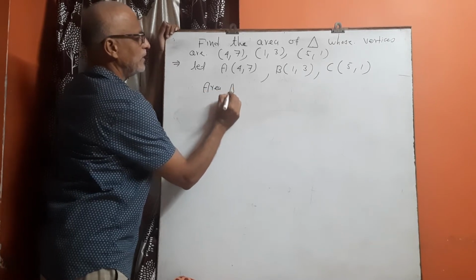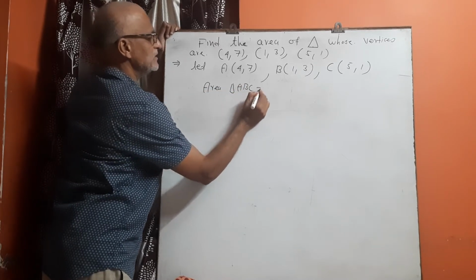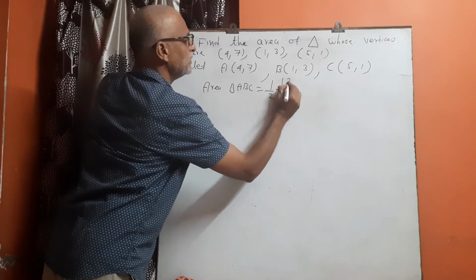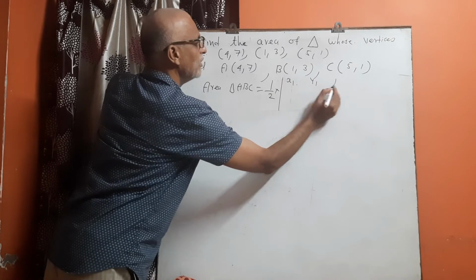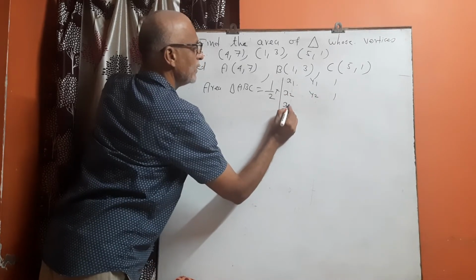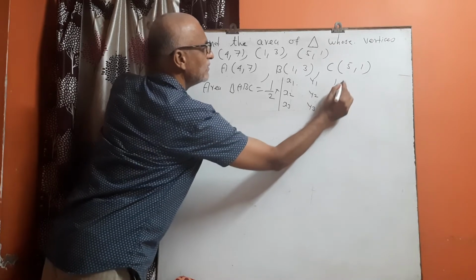Area of triangle ABC is equal to, formula is half into determinant of x1 y1 1, x2 y2 1, x3 y3 1.